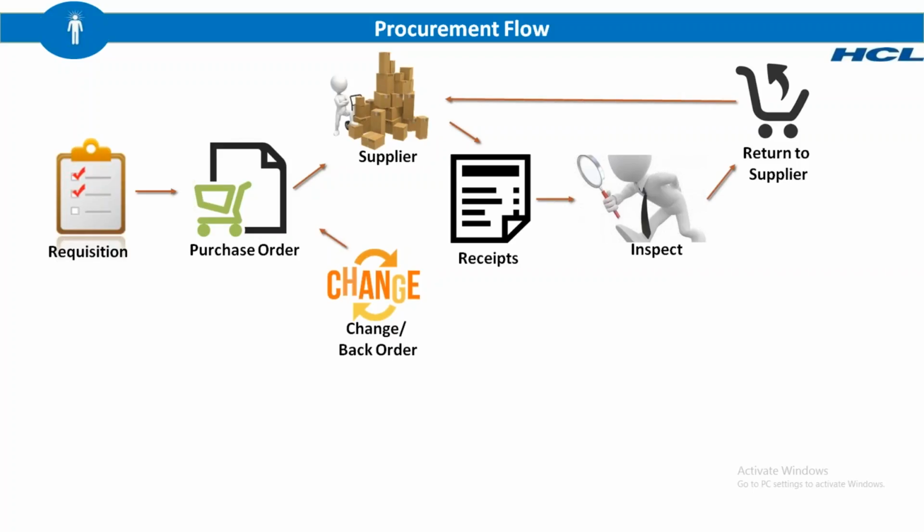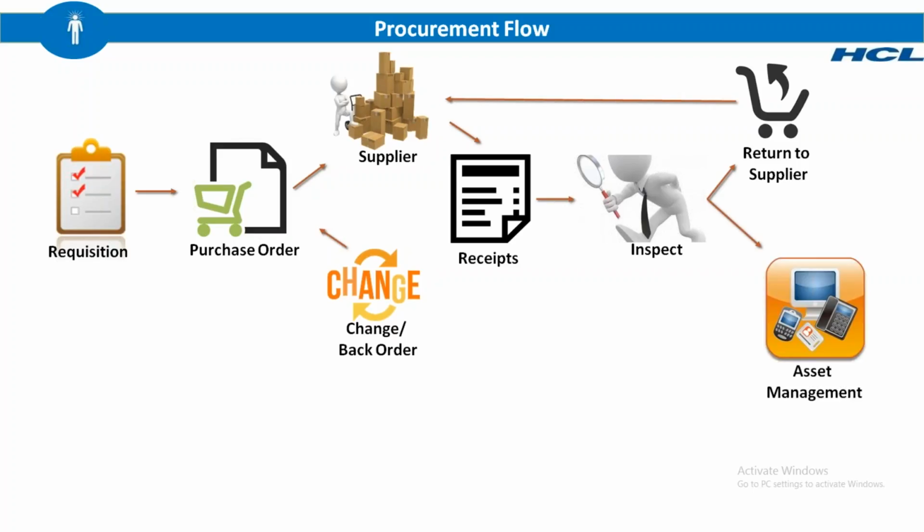If there is any problem with the goods, I'll return them to the supplier. I will not take that product. And this product I will integrate with the asset management. Now I have received the item, so this is actually my asset. I will integrate this as my asset in PeopleSoft, so it will be created as an asset.